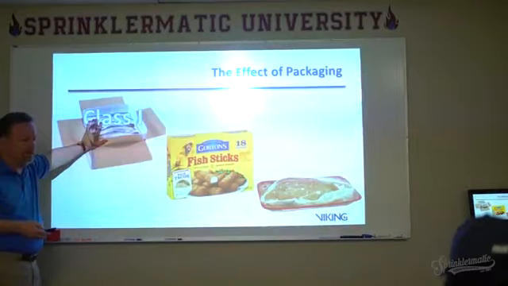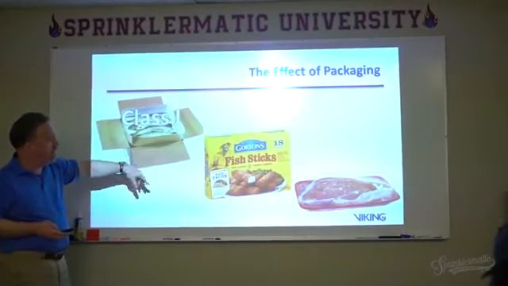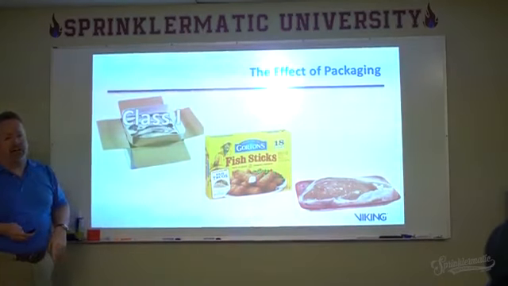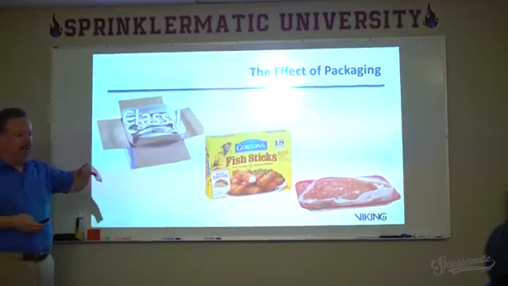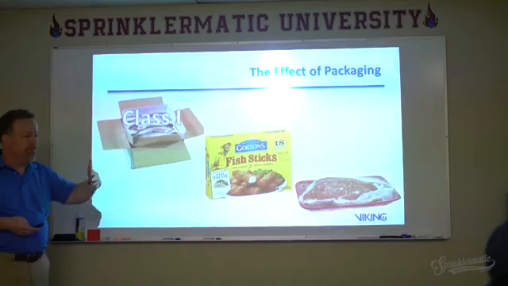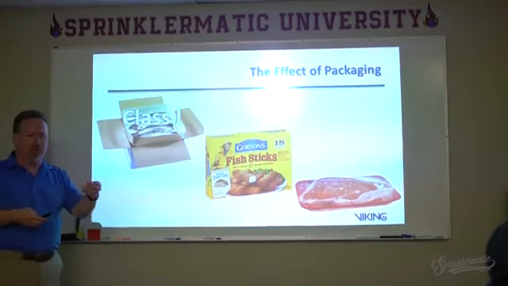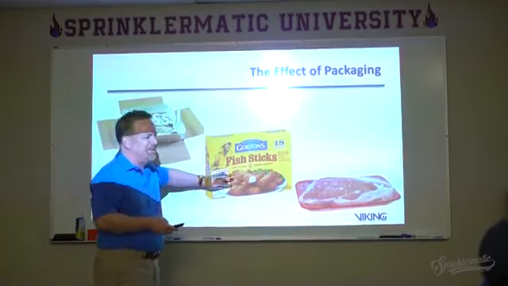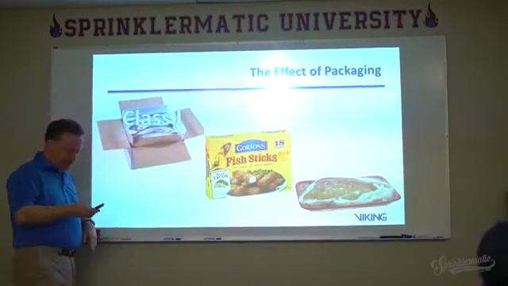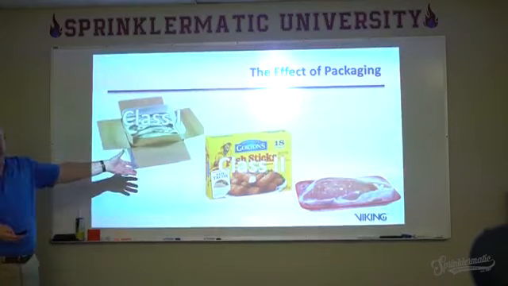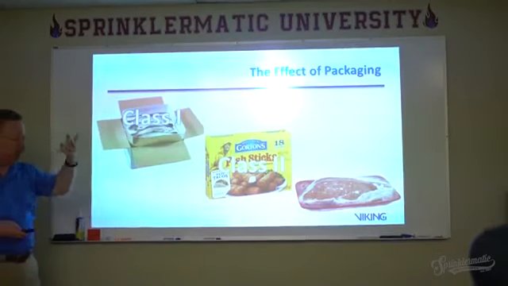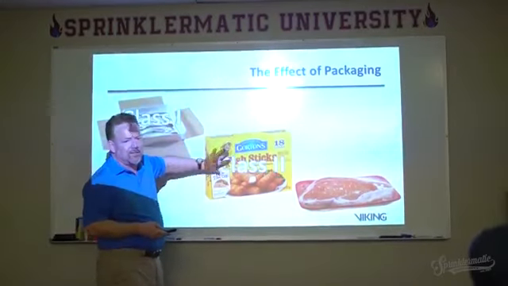Class 1 commodity. Now you take the Gorton's fish sticks here and you put it in a plastic wrapped box. What's the term I'm looking for? It's that wax coated box thing. That's what I'm looking for. All right, that's the term.